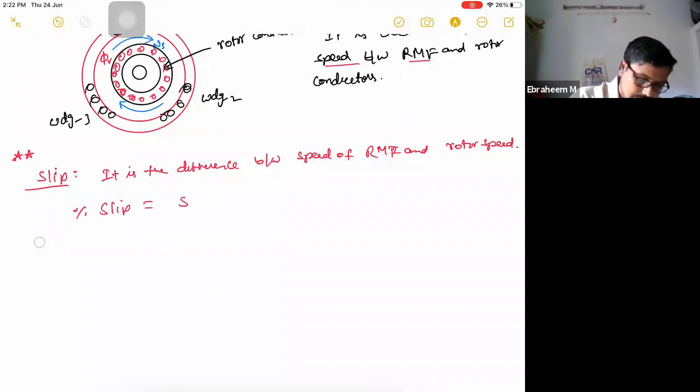Okay, so percentage slip S is equal to (NS minus N) divided by NS into 100.